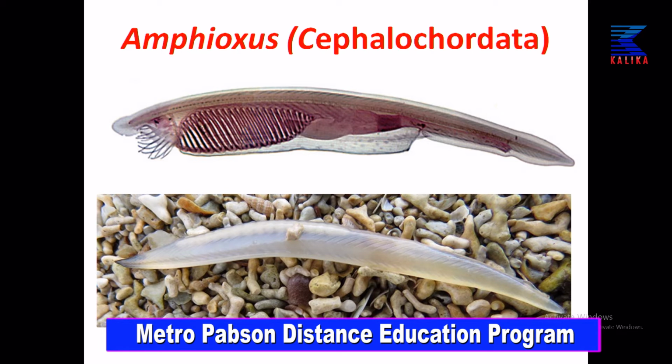Amphioxus, Cephalochordata: cephalum basically means the head. The notochord is present in the head part only. The upper one shows its section and detail, and the lower one shows the entire animal.